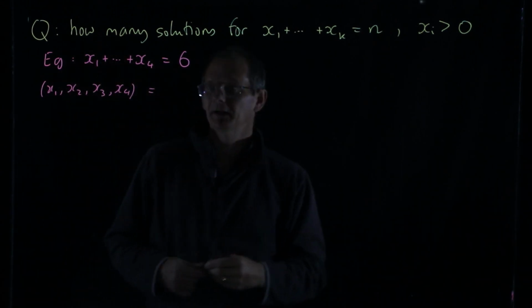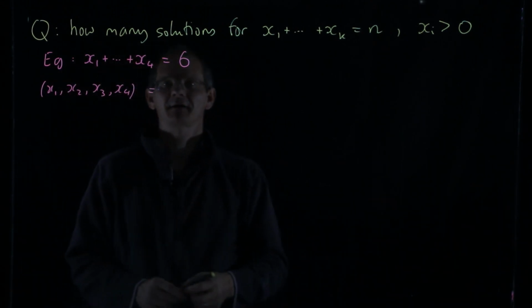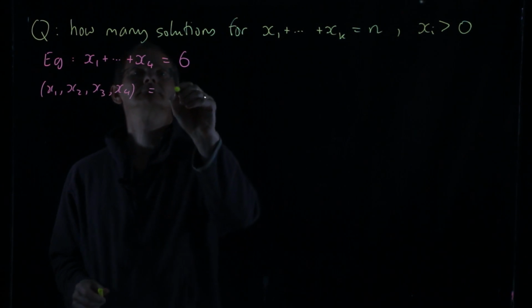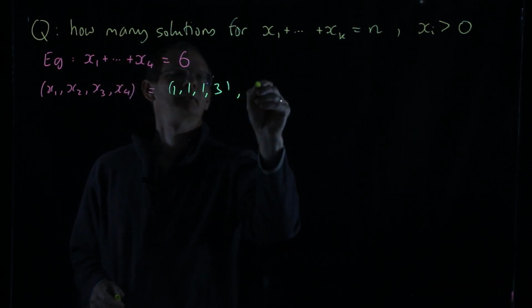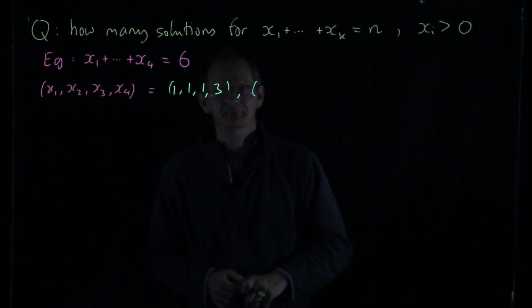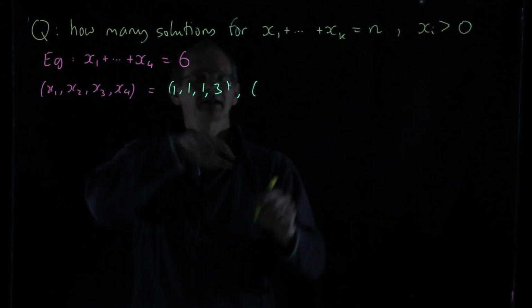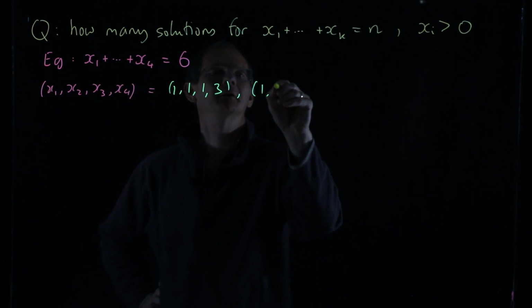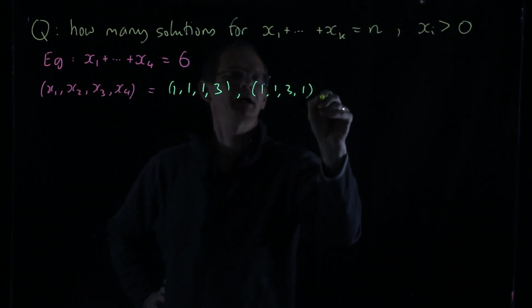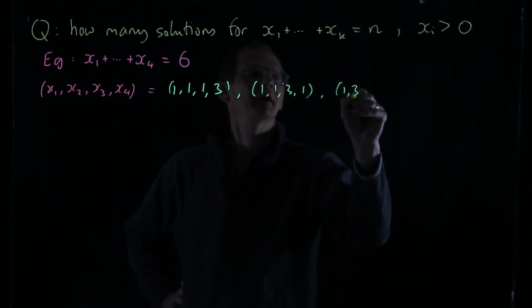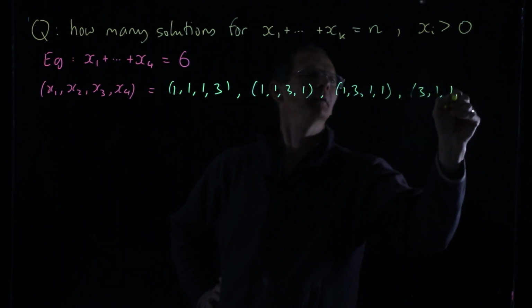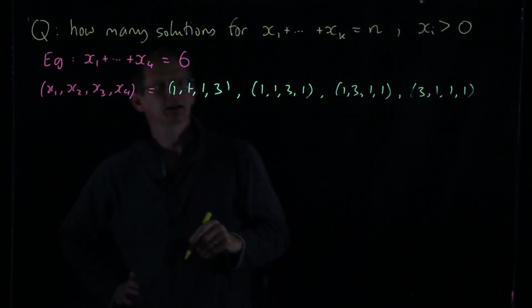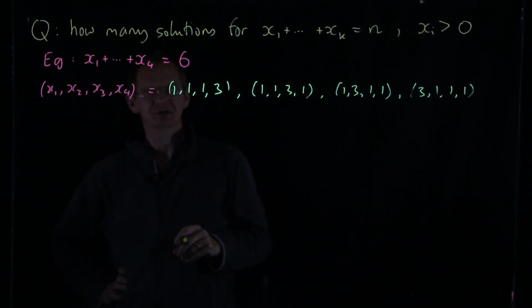What could it be? You could have 1, 1, 1, 3. So you've got 3 ones and a 3 like that, and then symmetrically you could have 1, 1, 3, 1, or 1, 3, 1, 1, or 3, 1, 1, 1. Okay, that's one way we can do it. That's 4 possible solutions.